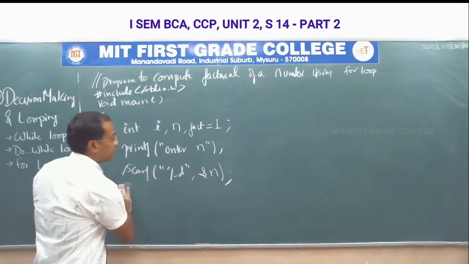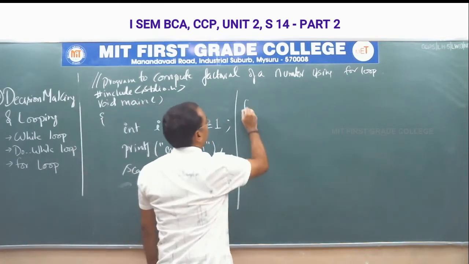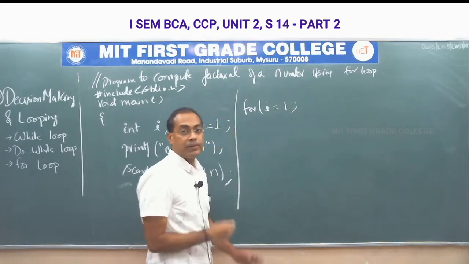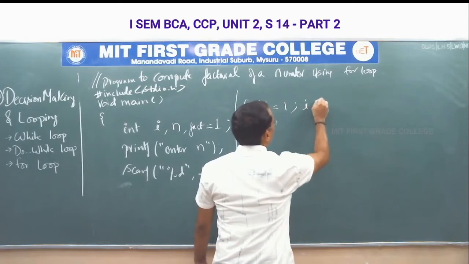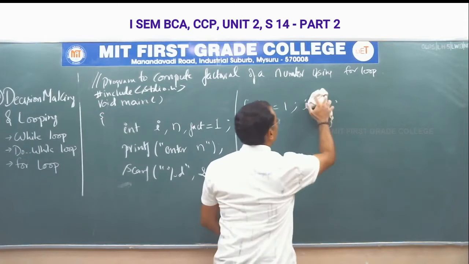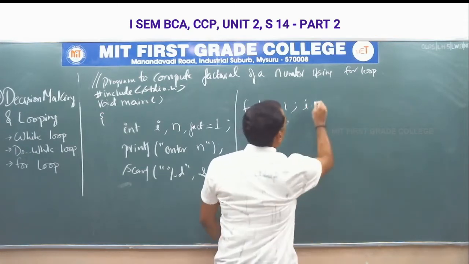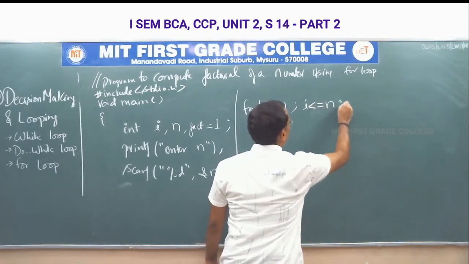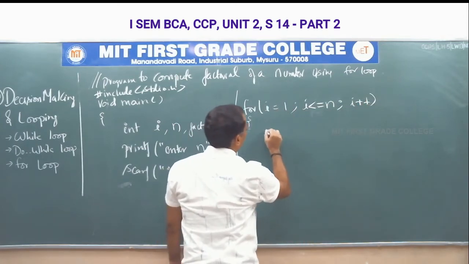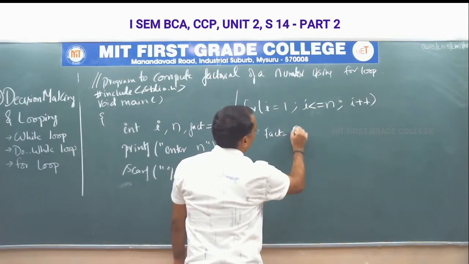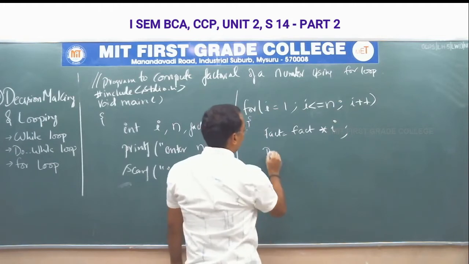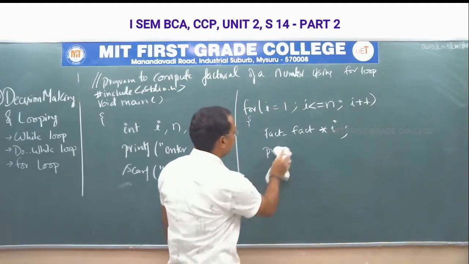Now I accepted it. I write it on this side of the board. For i equal to 1, remember we have to start from 1. i goes up to n. So i less than or equal to n, i plus plus, fact is equal to fact into i. You can do the printf later.